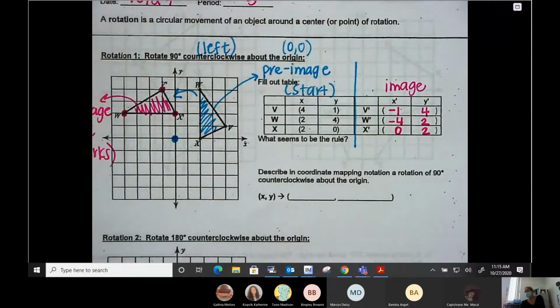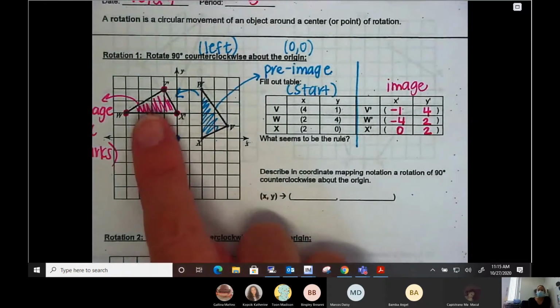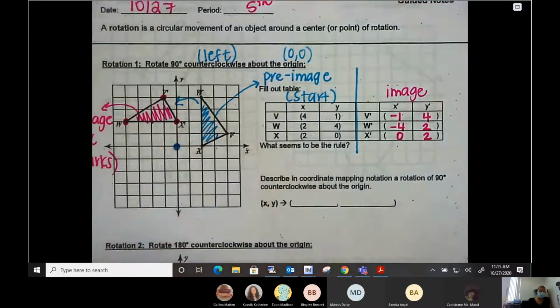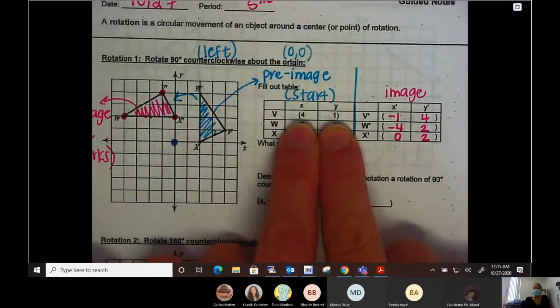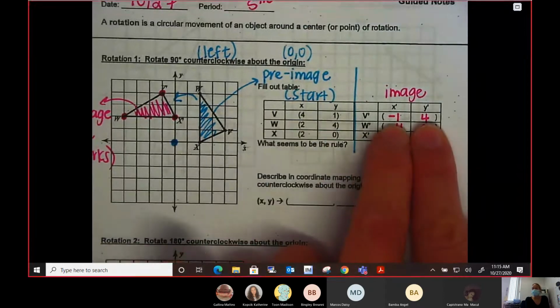All right, now we're going to see if we can notice a pattern as we go from the blue one, from my pre-image to the image. What'd you say, Antoine? Okay, what do you think the pattern is? Okay, so he's saying I went from 4, 1, and then now it becomes -1, 4.